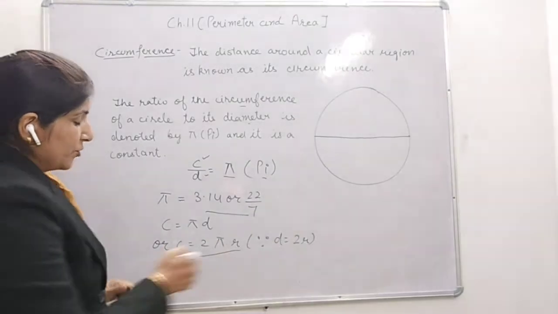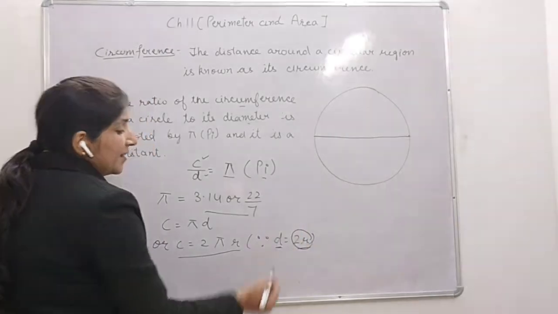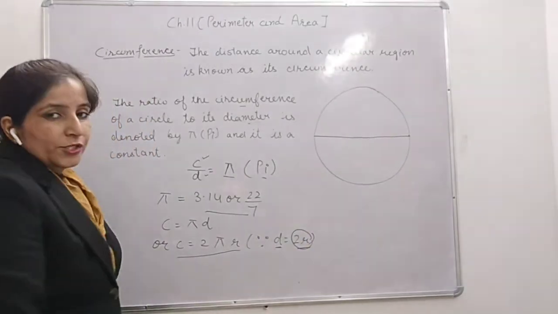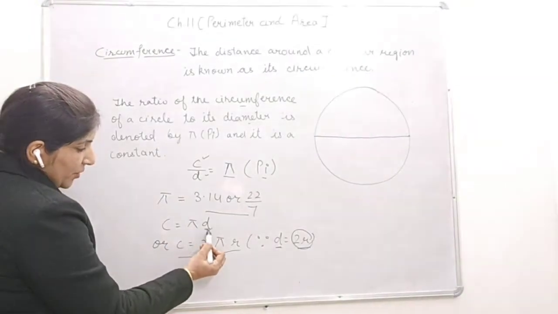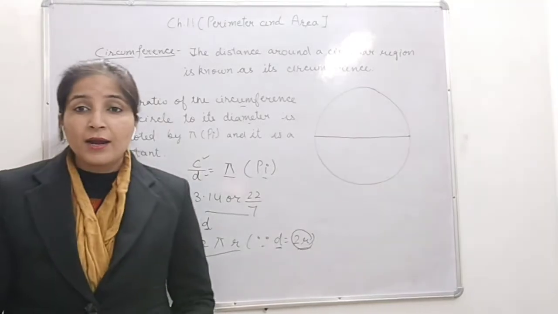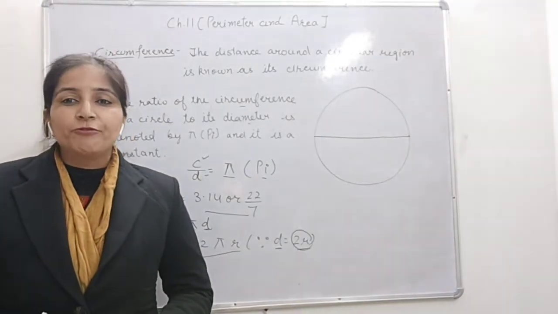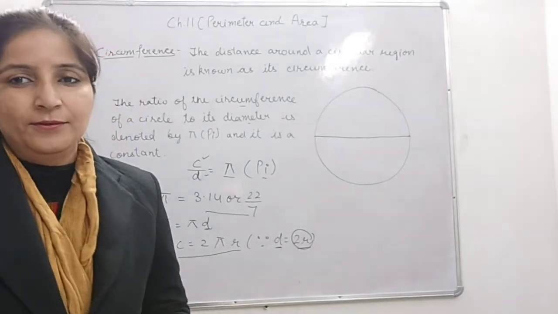Why 2 pi r? Because d is equal to 2r, where r is the radius. Diameter is always equal to twice the radius. So in place of d we have written 2r, and 2 pi r will be the formula to find the circumference of the circle.